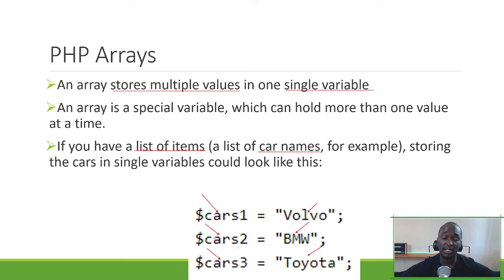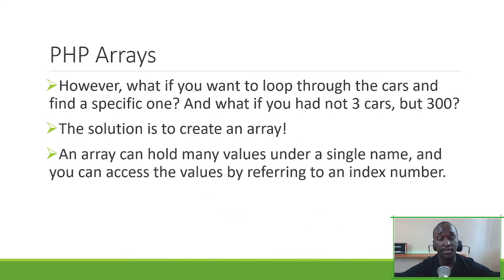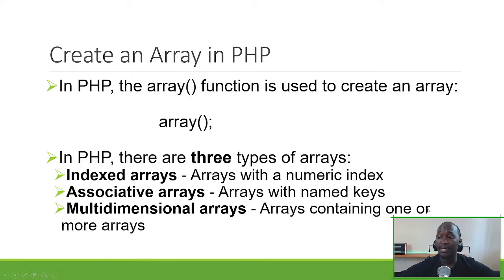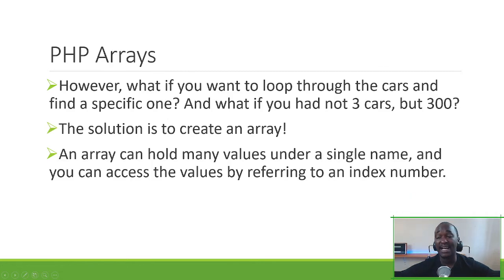The other way, of course, is naming variables is not so easy, and therefore creating different variables might also be a challenge. Giving them names that make sense, as you continue to program, you're going to realize that it's not as easy as it may sound. So just use a single array for that, because what if you have 300 different cars? Are you going to declare 300 different variables?